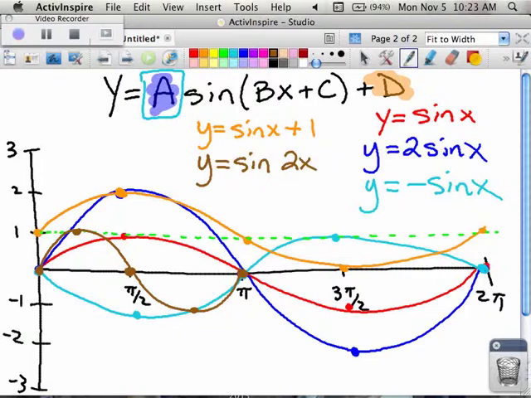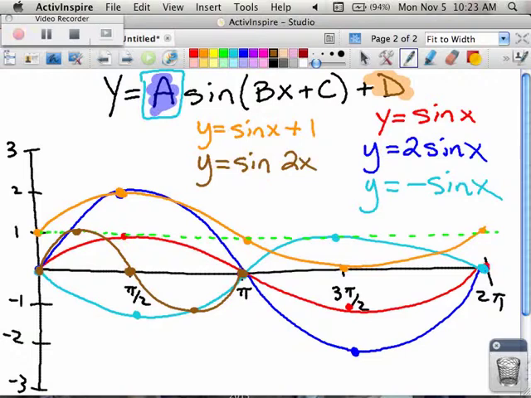Notice that in the normal red sine graph, stop talking, thank you, it took 2 pi to get done when you had y equals sine x.